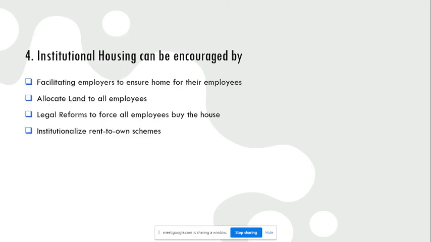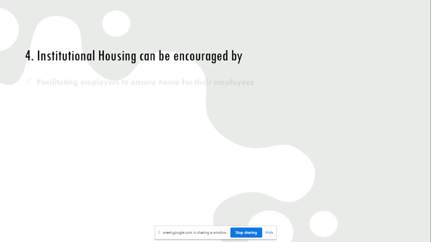Then institutional housing can be encouraged by facilitating the employers to ensure homes for their employees, if the regulatory or policy environment is friendly for the employer, considering IT park areas and other areas.